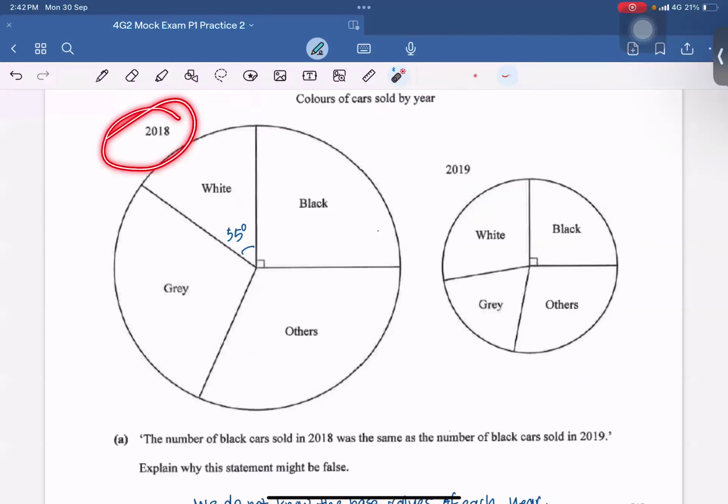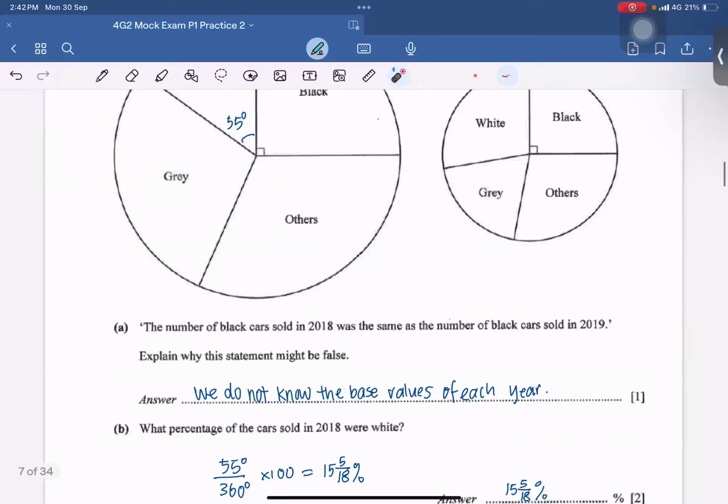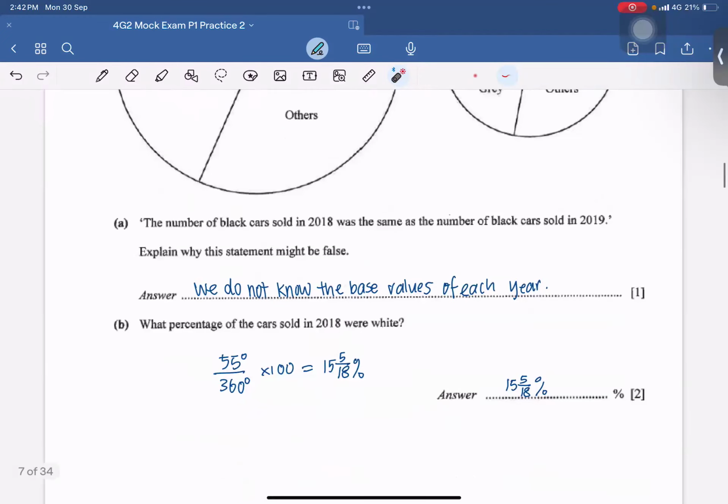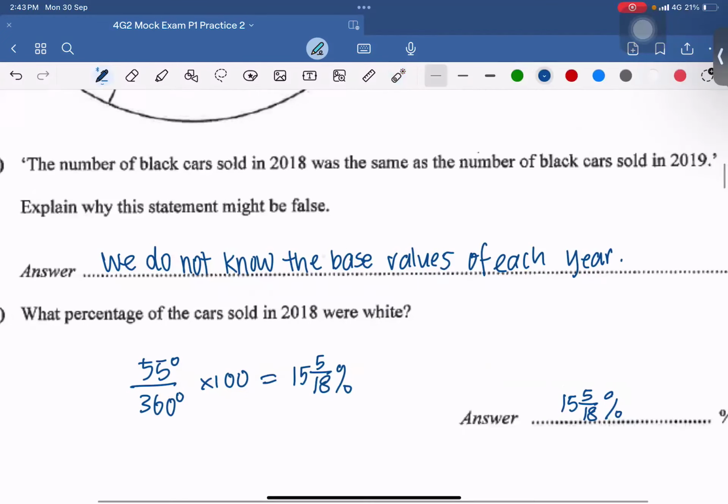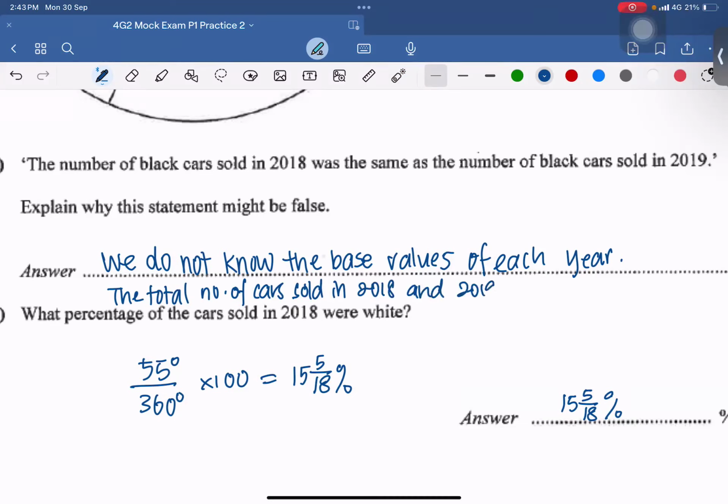But the total number of cars sold each year may not be the same. We do not know the base values of each year. If you even want to explain, the total number of cars sold in 2018 and 2019 might not be the same.